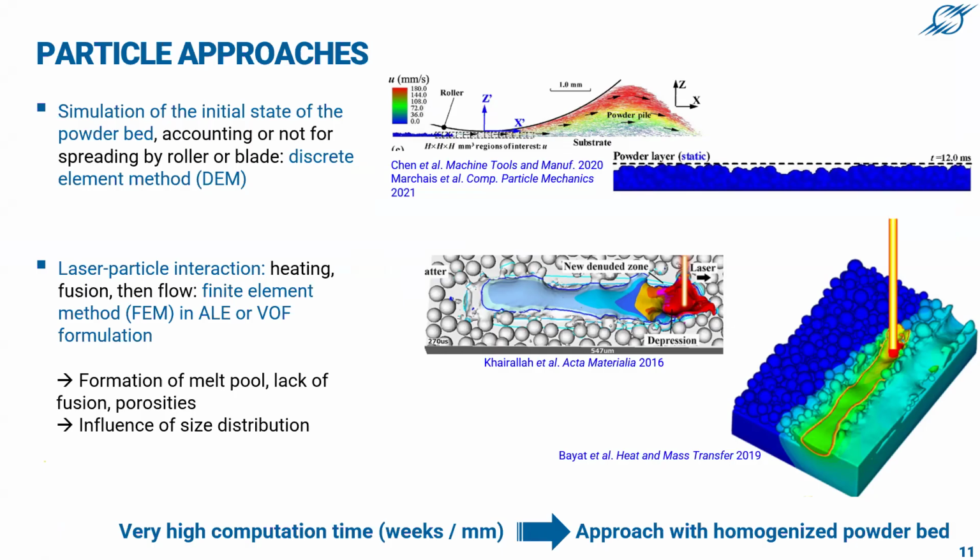That's why I speak about particle approaches. And with two steps, I would say. One step, I will not insist on that, but the objective is to simulate the spreading of the powder bed.